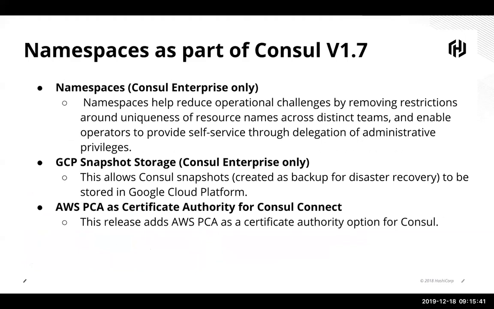The other feature as part of 1.7 is AWS PCA. We've added this as a certificate authority option for Consul, in addition to using Consul native CA with Consul and Vault to manage and sign certificates. This is great for existing AWS customers that want to leverage PCA as a certificate authority.